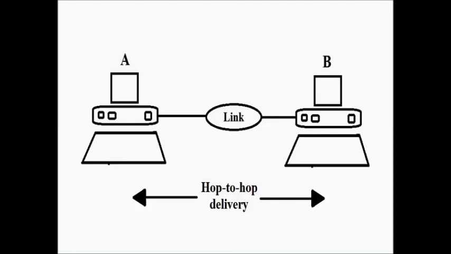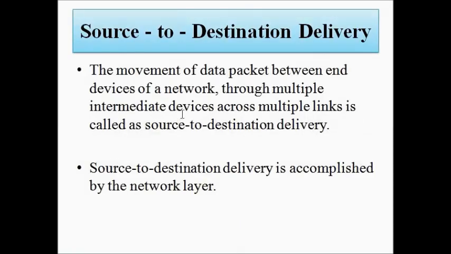Next is source to destination delivery. Source to destination delivery is the movement of the data packet between the two extreme end devices of a network. Okay, the first and the last device for which the data is intended.